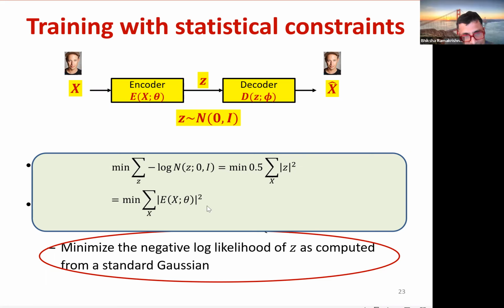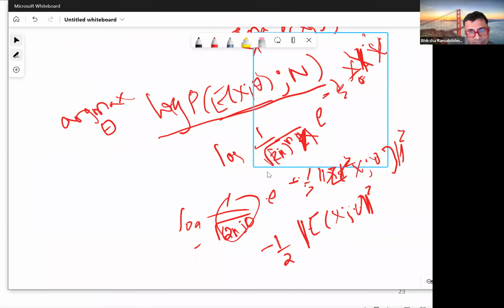So modifying theta such that z fits a standard Gaussian is like solving this problem, correct? Everybody with me? So Z here is the same as the encoded output, right? Correct.